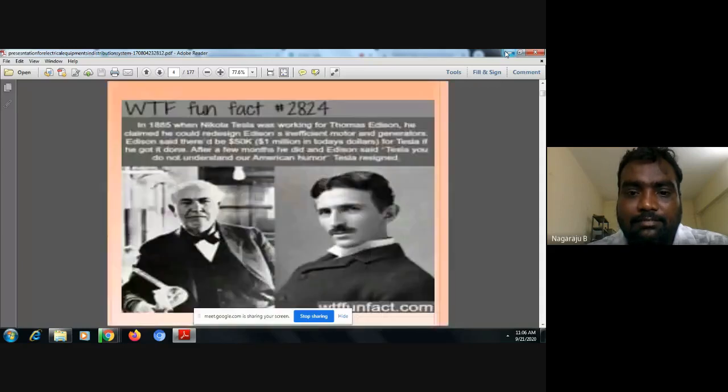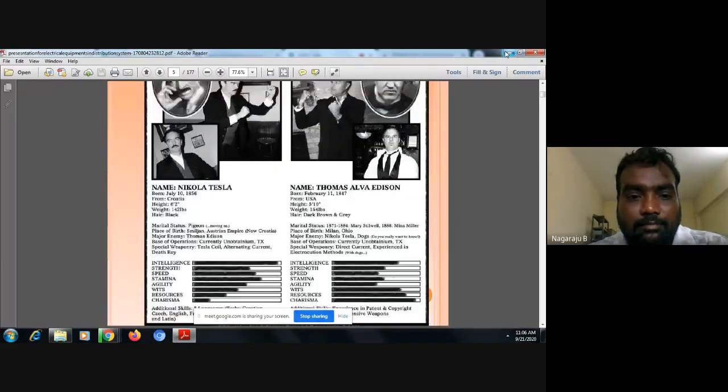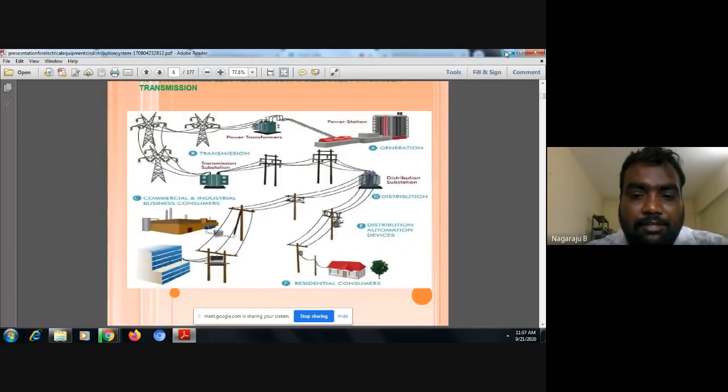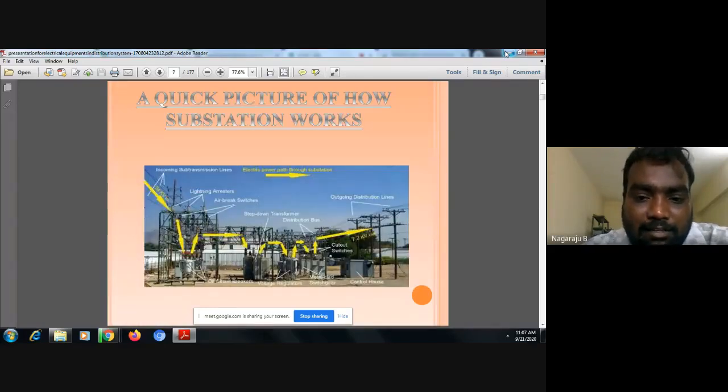Whenever you see the clear picture of our power system scenario, everywhere in the generation point, in the transmission point, in the distribution point, we have protecting equipment. This is about the transmission distribution side.